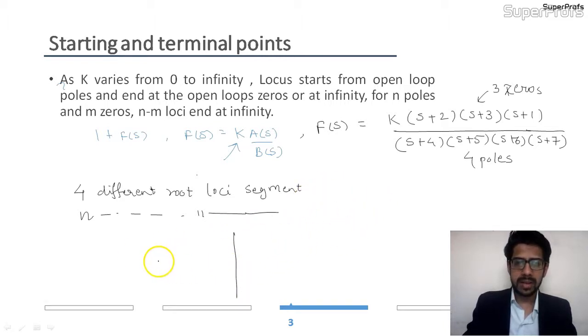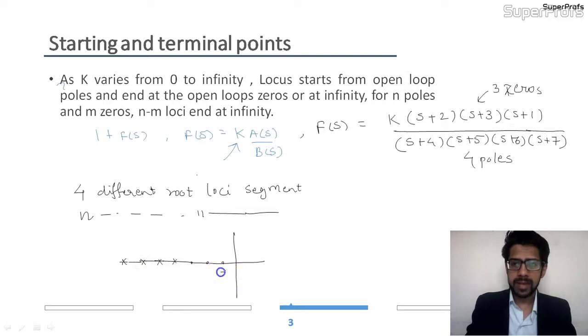this particular diagram for the root loci. So we have 3 zeros at -1, -2 and -3, and we have 4 poles at different positions.